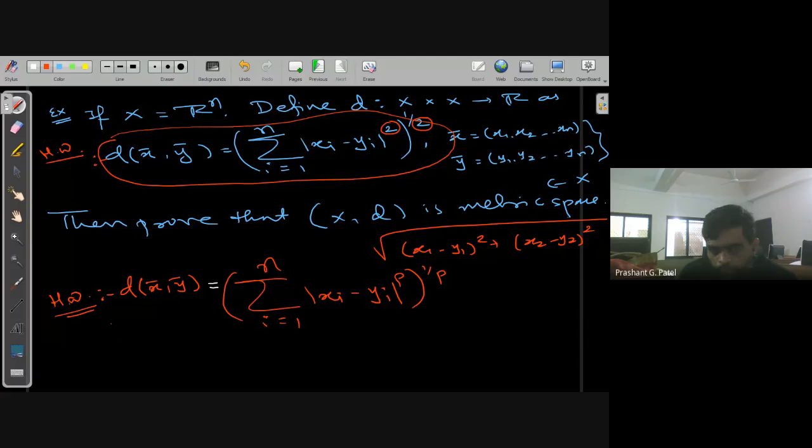To prove this statement, that (X, d) is a metric space, for this d, which in general people denote as dp, so dp of x bar, y bar is the summation of this, you require the Minkowski inequality.